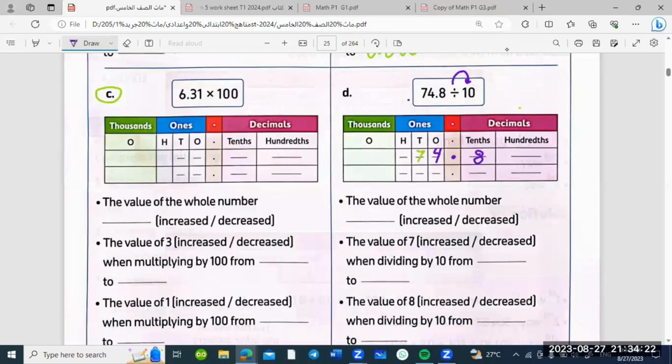So I will take each digit and move it to the previous place value. For example, the 8 will be hundredths, the 4 will be tenths, and the 7 will be ones. Now the answer is 7.48.